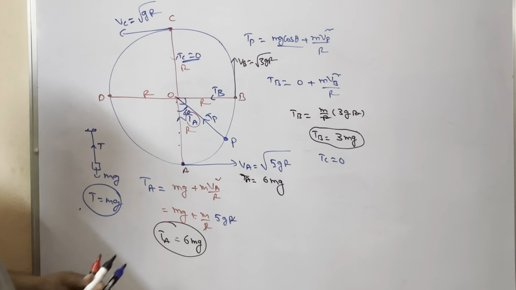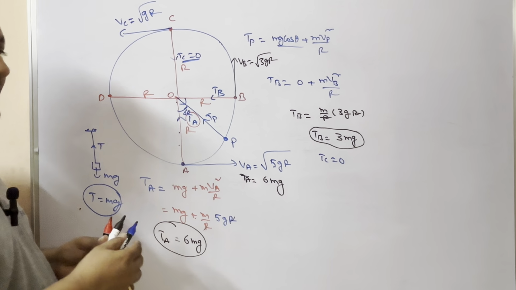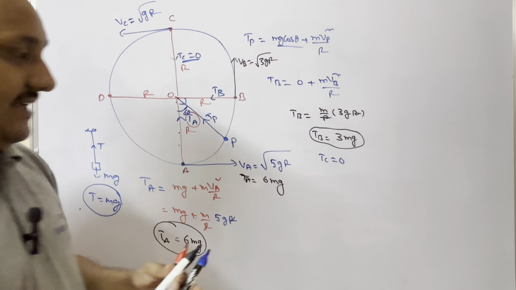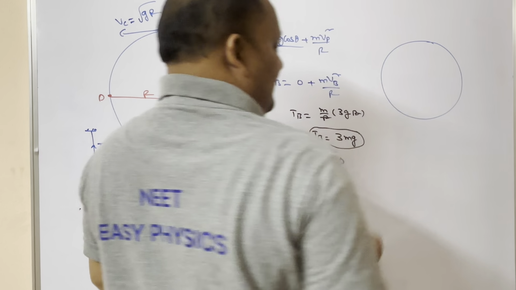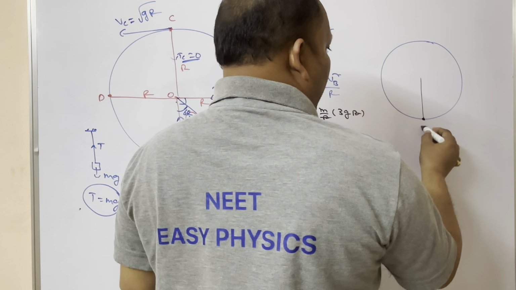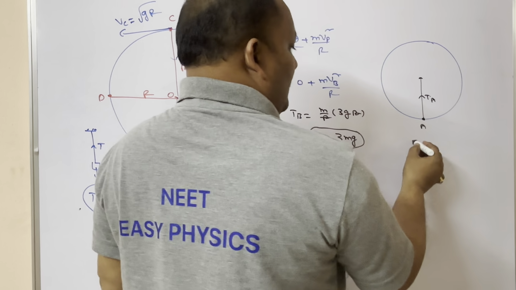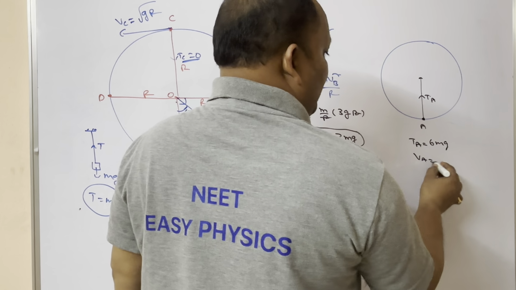Understood? Next, how do we remember this logically, without having this derivation? Let us see how to apply logic very easily. This is vertical circular motion. At this point A, they will give TA. TA we got here as 6 mg. Then what is VA we got?